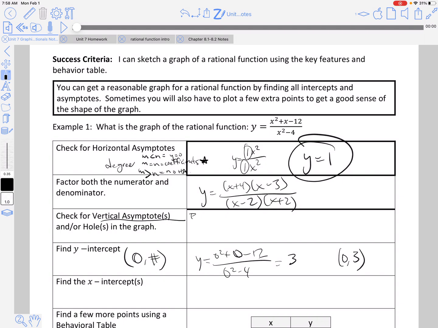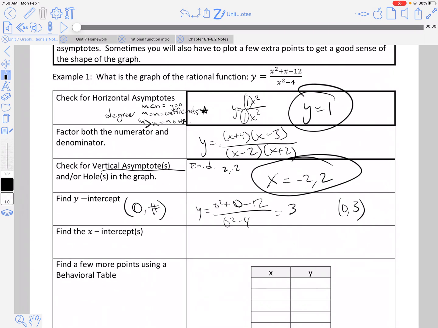Remember, your vertical asymptotes are your points of discontinuity. If one cancels out, it downgrades from a vertical asymptote to a hole. But my points of discontinuity are 2 and negative 2, which means they're both vertical asymptotes. Okay, so I have my asymptotes, I have my y-intercept.